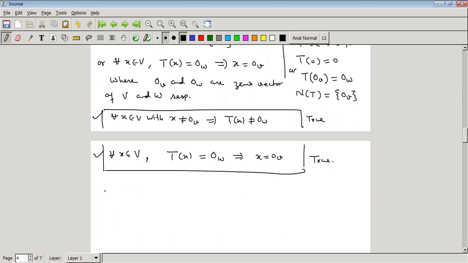So the next definition is singular transformation.